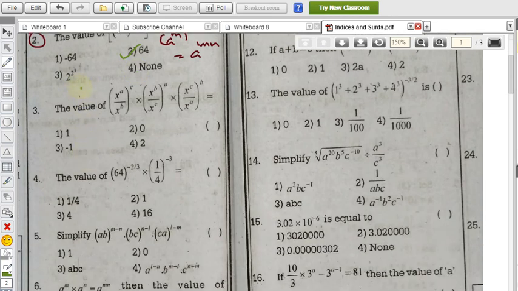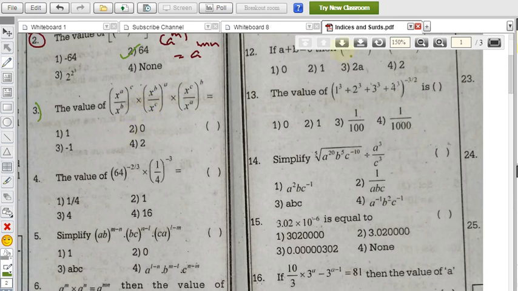Third one. So most of these questions, you'll get answer 1 only. But don't blindly see it. x power a by x power b whole power c, and x power b by x power c whole power a, like cyclic order.